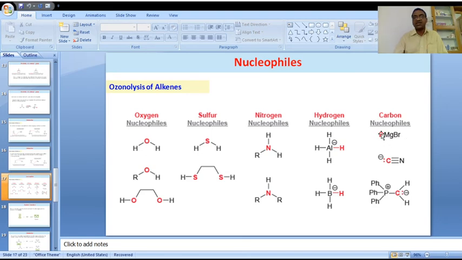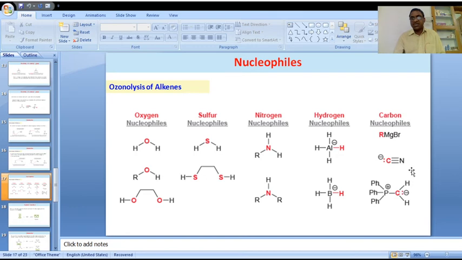For example, R is equal to CH3, that carbon atom gets a negative charge and acts as a carbon nucleophile. The very good example is Grignard reagent.